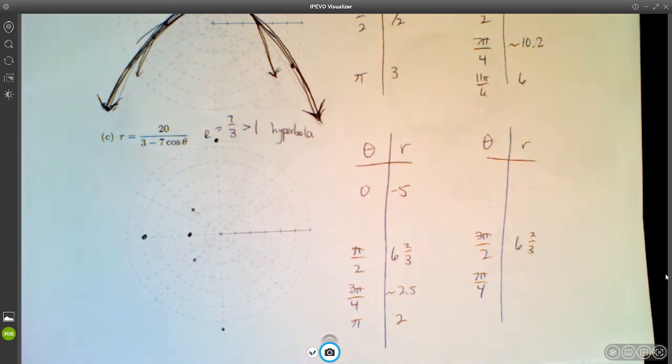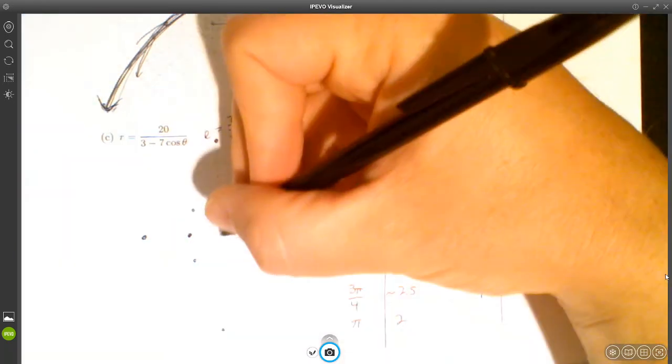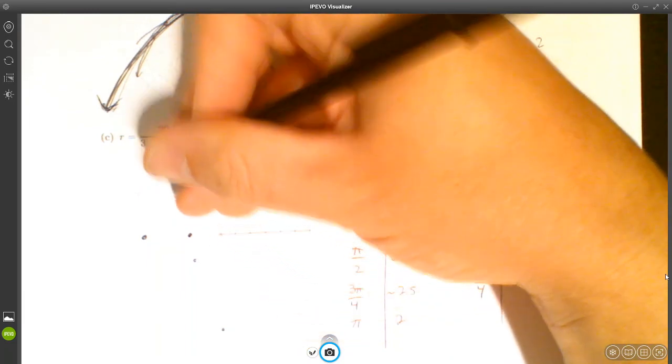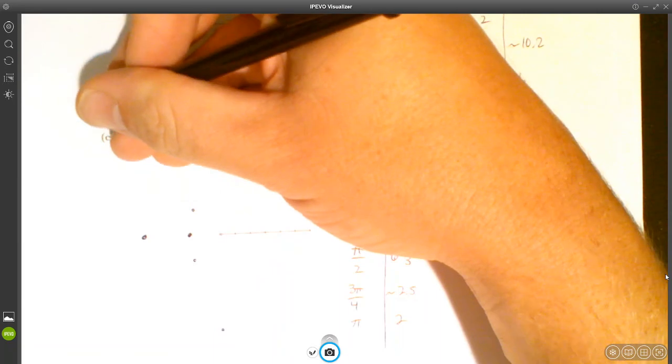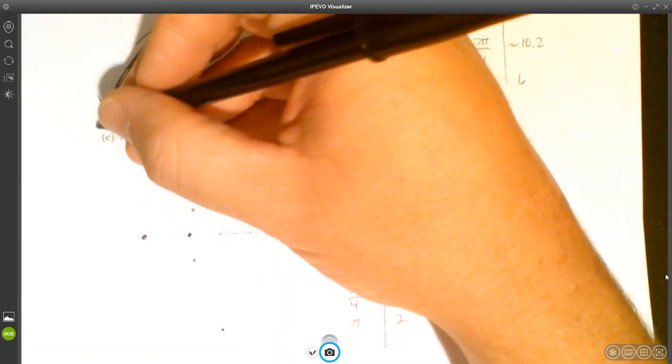Hopefully this is a negative number that I get. Yeah, that's about negative 10.3. So at 7 pi over 4, I'm at negative 10.3. 1, 2, 3, 4, 5, 6, 7, 8, 9, 10.3, right? So at 7 pi over 4, I'd be way up here somewhere.